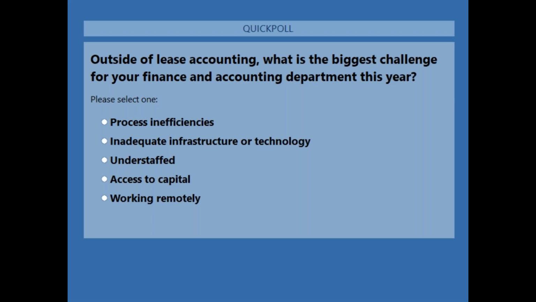Great, thanks. And so with that, we'll push the third polling question, which is, outside of lease accounting, what is the biggest challenge for your finance and accounting department this year? We'll give you some time to answer that.